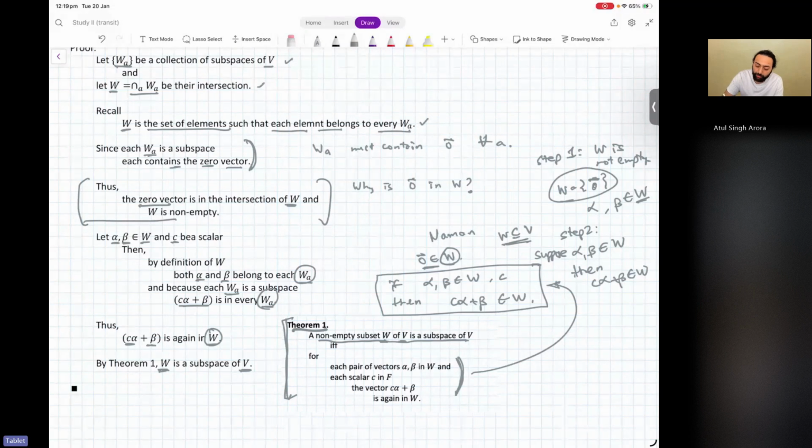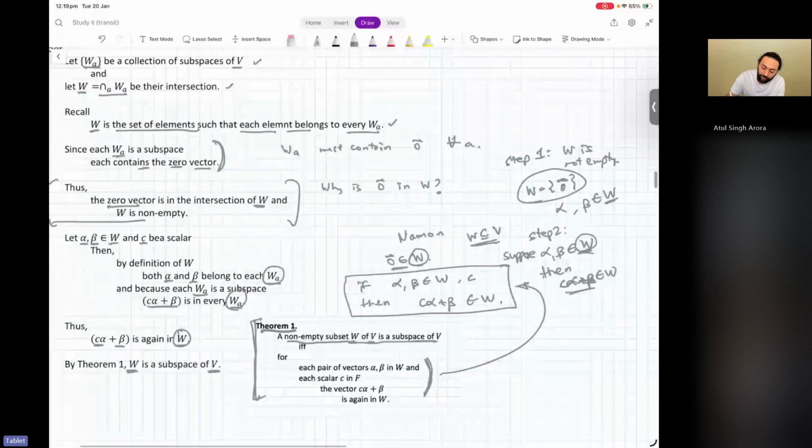And if W has many elements, then you're starting with the assumption that there are a bunch of elements in W, and now you're trying to prove that the specific linear combination is also in W. The way we do that is because W is itself the intersection of all the subspaces, these alpha and beta must also be in the W_A, otherwise they couldn't be in W. So that is how the argument goes.